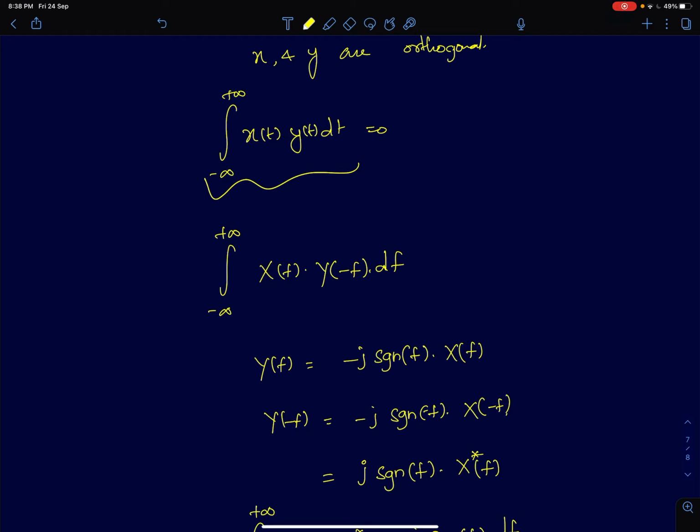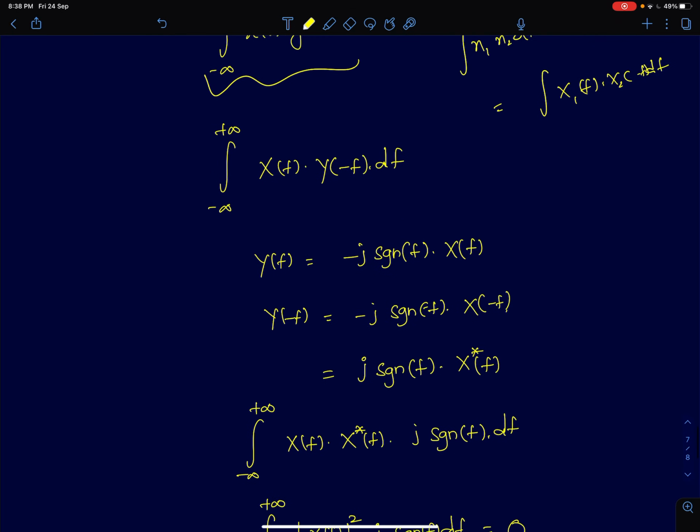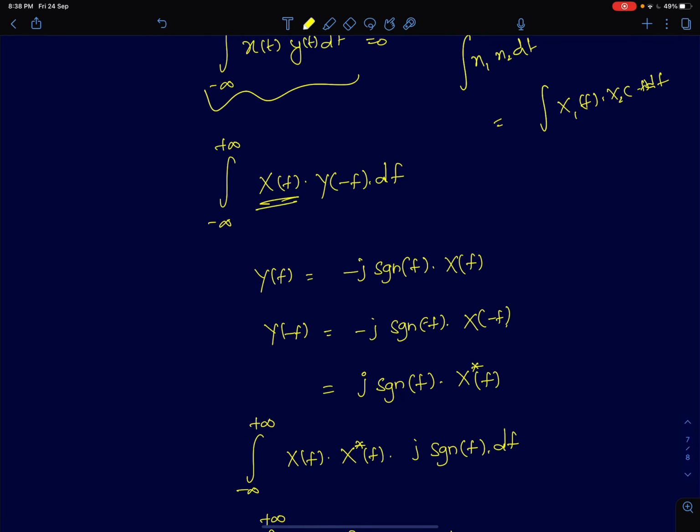If you have two functions x1, x2 dt, if you perform this integral, that will simply be equal to x1 of f into x2 of minus f df. So with that we can readily show, x of f is the input Fourier transform. Y of f is x of f times minus j signum of f.